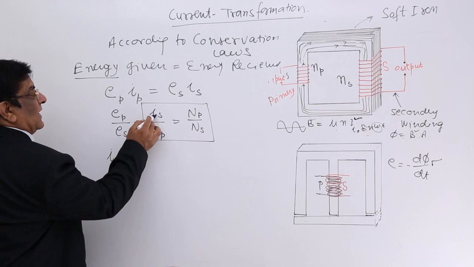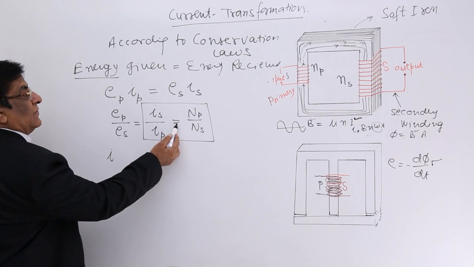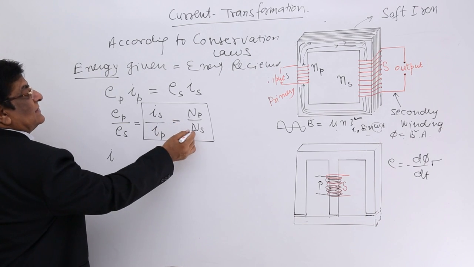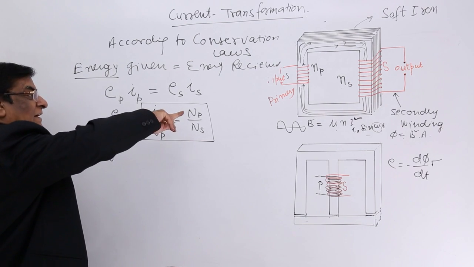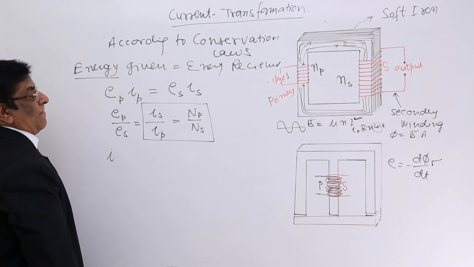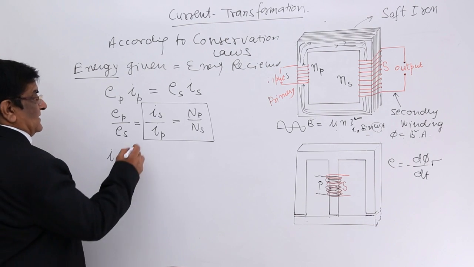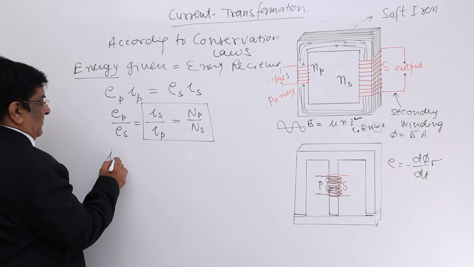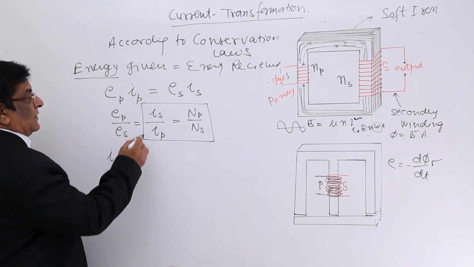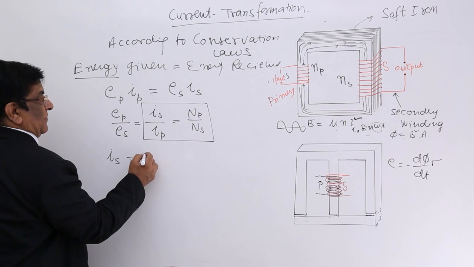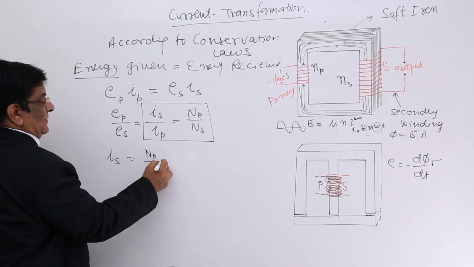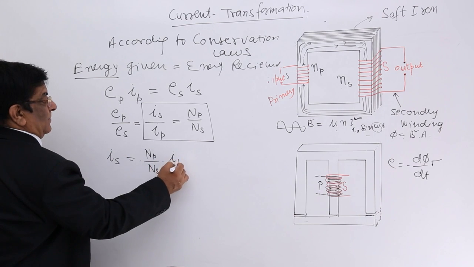So current in secondary and primary have the ratio number of turns in primary divided by number of turns in secondary. It is inverse of that ratio what we get for EP or ES upon EP. So this is our relation for IS and IP. So current in secondary is equal to NP upon NS multiplied by IP.